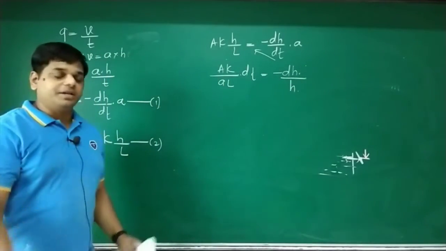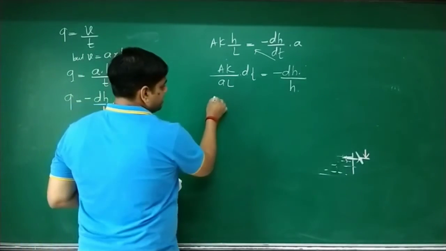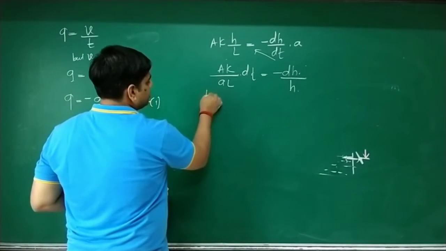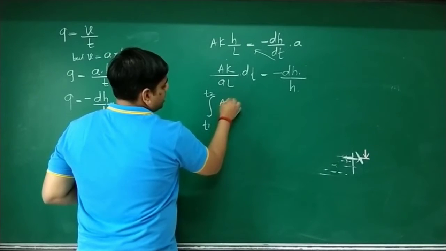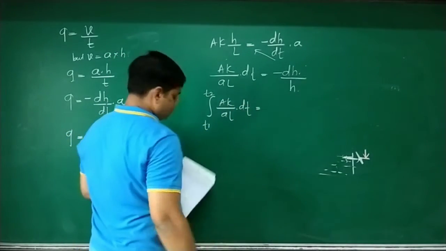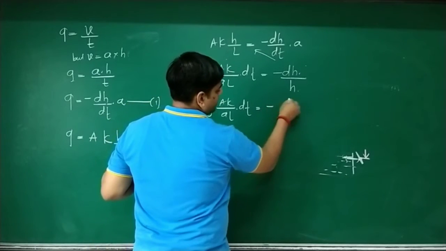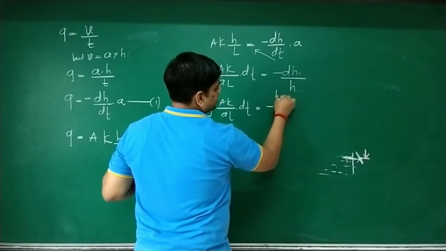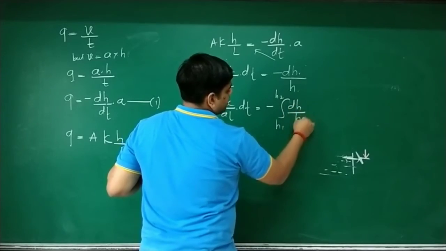Now let's take integration on both sides. We take the integration T1 to T2, AK by AL into dt is equal to, take the minus sign outside, integration H1 to H2 dH by H.